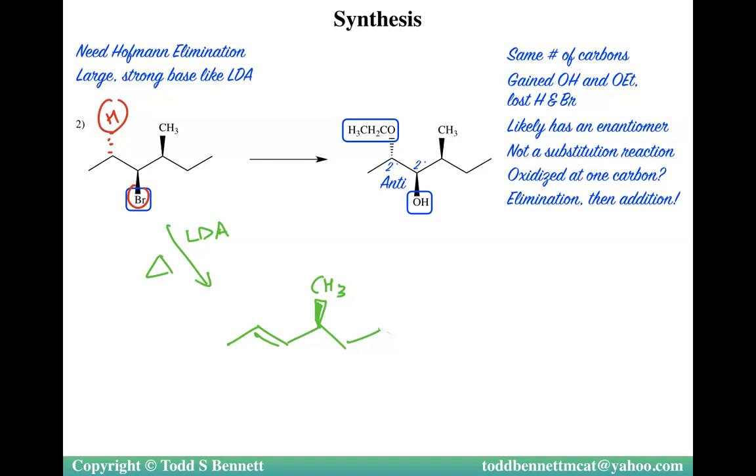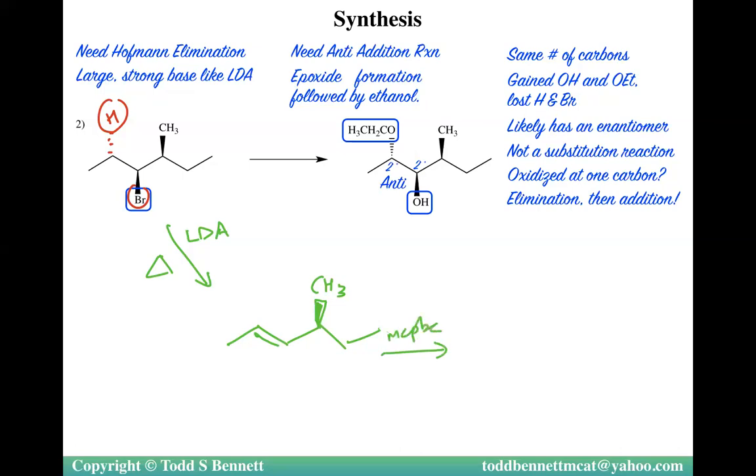Now we need to figure out how the heck to add this. So I know epoxides carry that out, but instead of using OH or water coming in, I'm going to send ethanol in. So if I use mCPBA, and I'm only going to show one enantiomer.